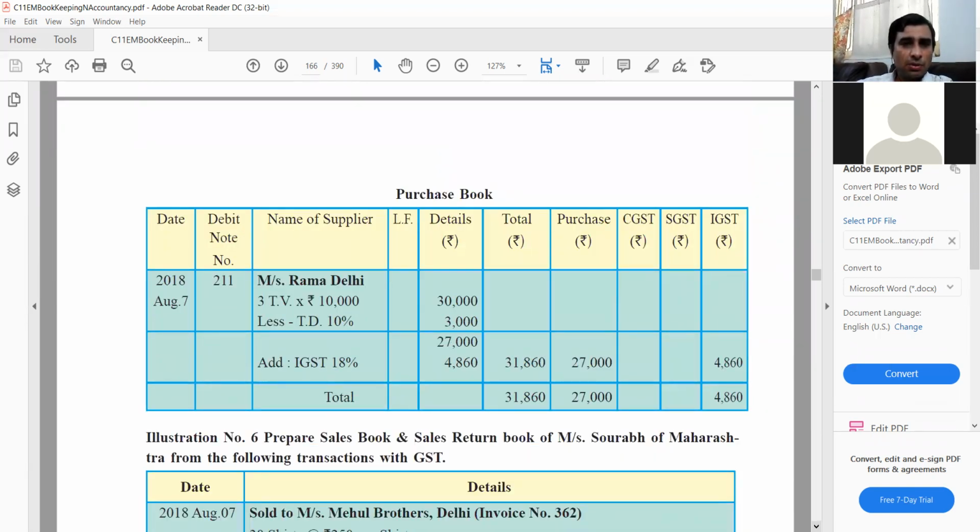So purchase book. What is this? That's the third purchase from Rama Delhi. Again, there's a third purchase. 10 TVs at 10,000, so 30,000, 27,000, 18% GST, 4,860, 31,860 is the total, out of which 27,000 is the purchase amount and 4,860 is the IGST.